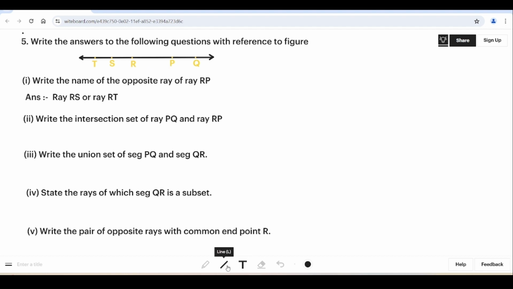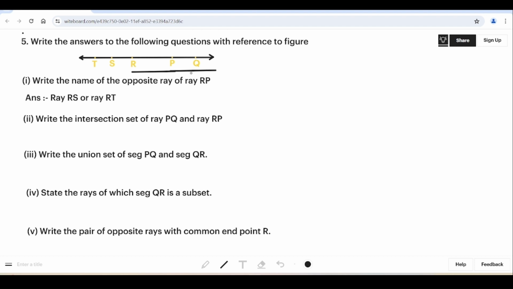Now see, ray PQ is in this way, and ray RP will be continuing in the same direction, because they are on the same number line.